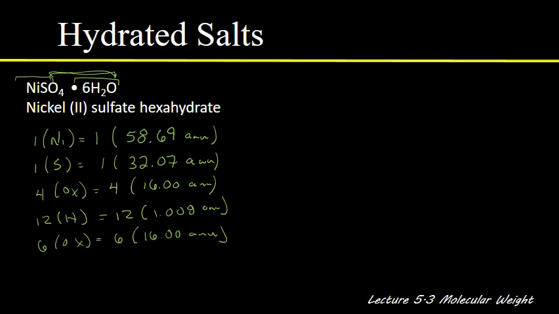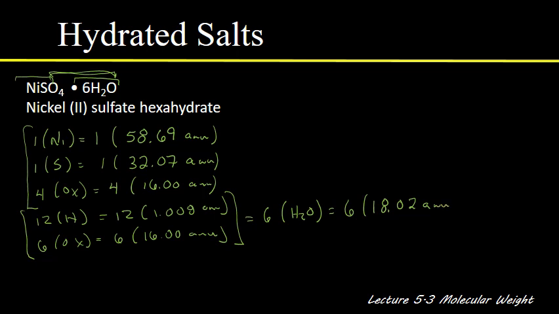I find it a little bit easier, it just makes more logical sense to me to look at these things in groups and not mix the groups up. In fact, you could have just taken this whole group here and said that these are 6 water molecules, and if you remember from our previous calculation that water has an atomic weight of 18.02 AMU, you could have just done that for this whole bit down here.